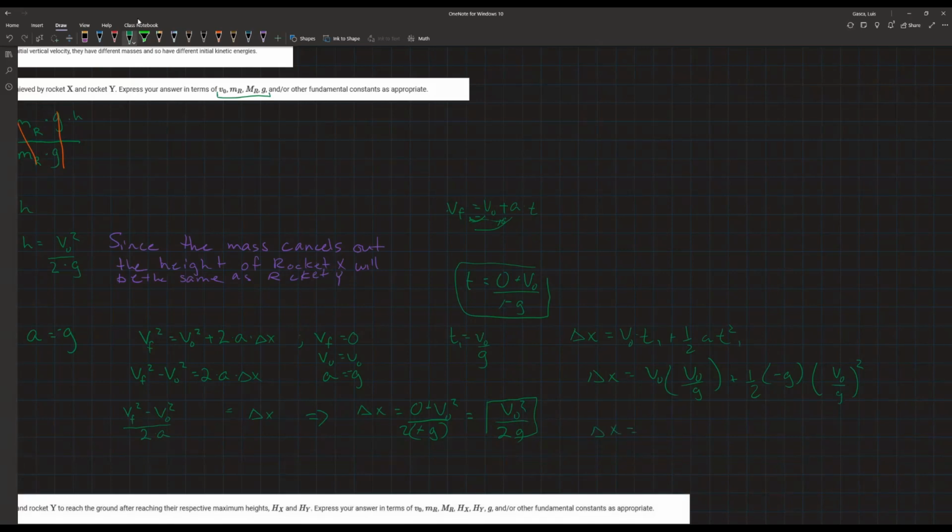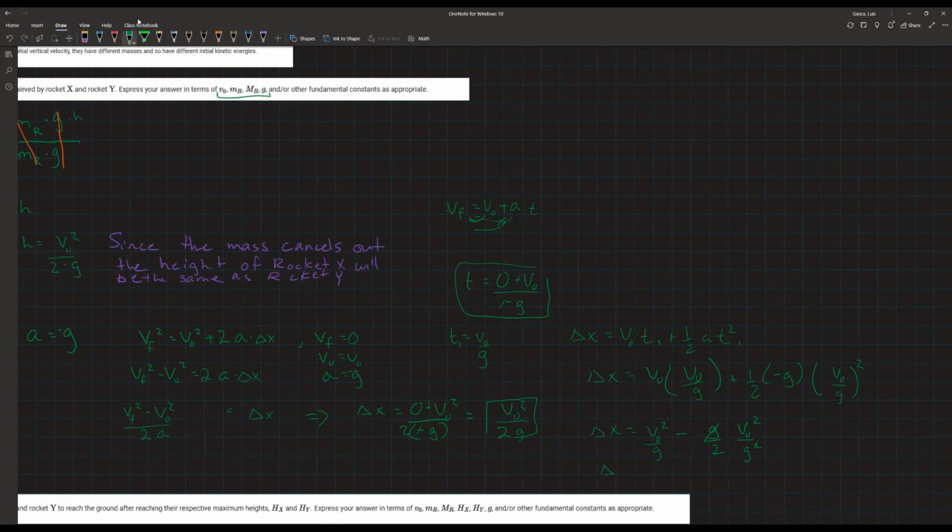Delta x is v naught squared over g plus, or sorry, really a minus. We're going to put a minus g over 2. I'm going to combine these guys right here. Then I'm going to square the stuff in parentheses: v naught squared over g squared. That's going to cancel one of these guys.